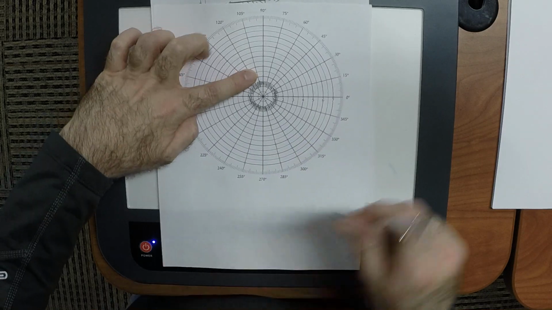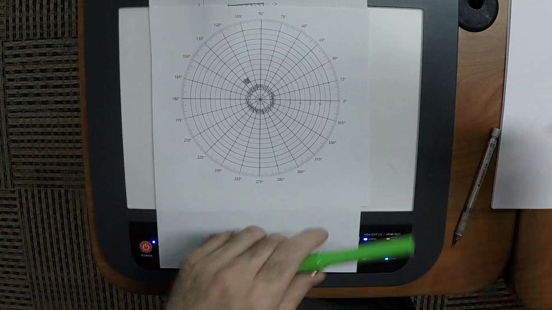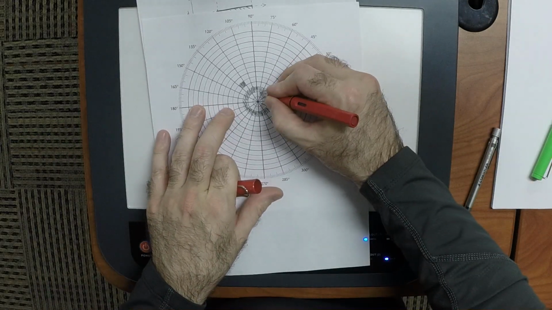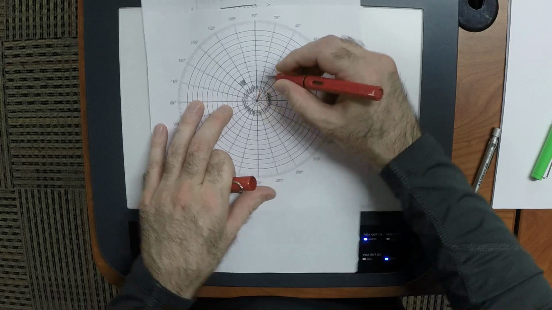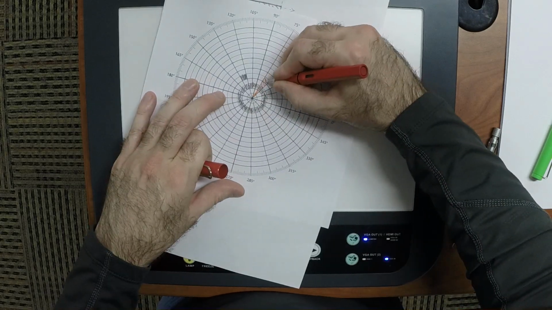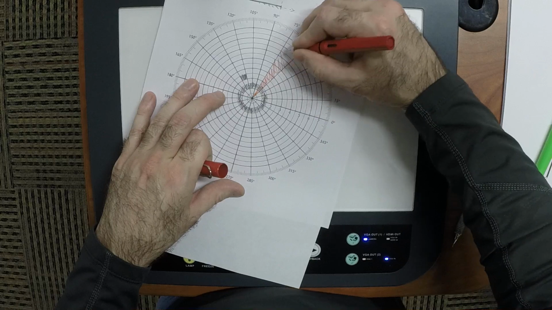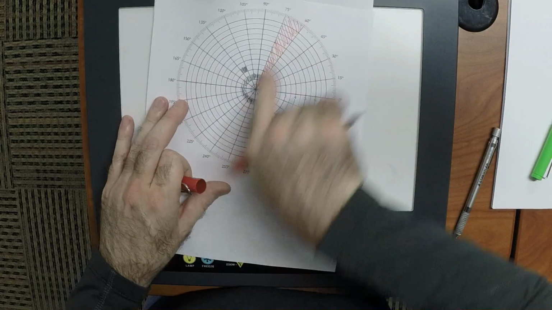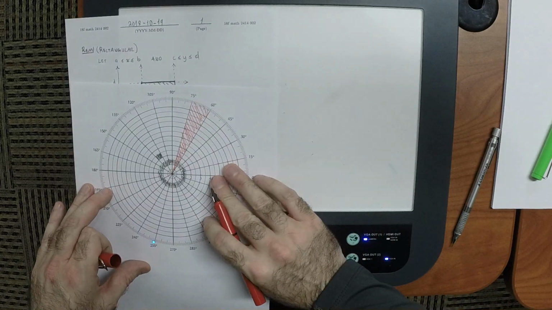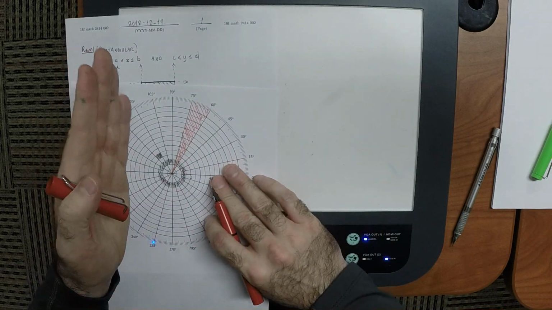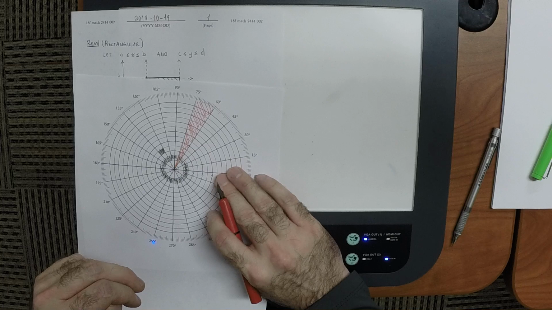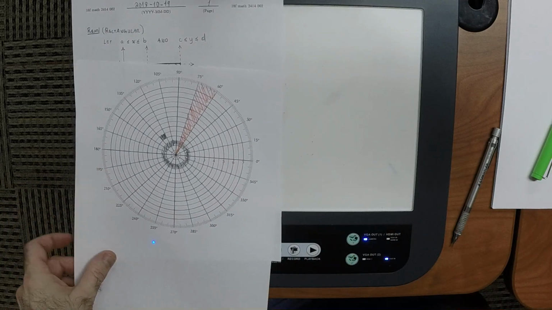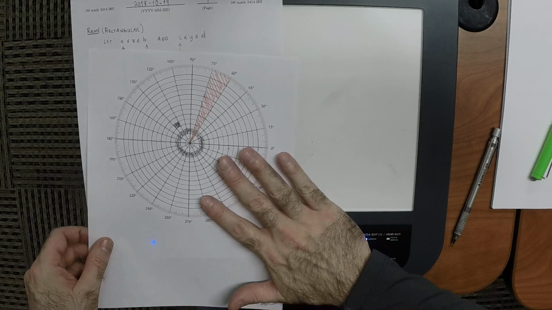And if I instead take this red here and shade all the way out to infinity, then that's the set of all points between two angles. Okay, good. So any question about this?